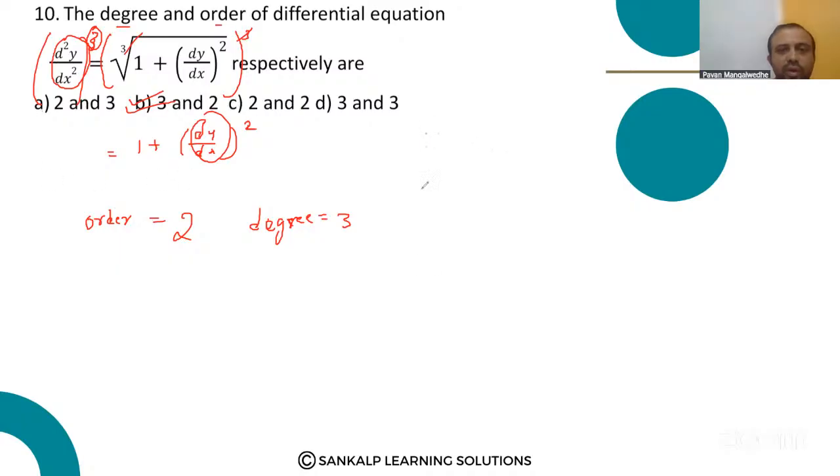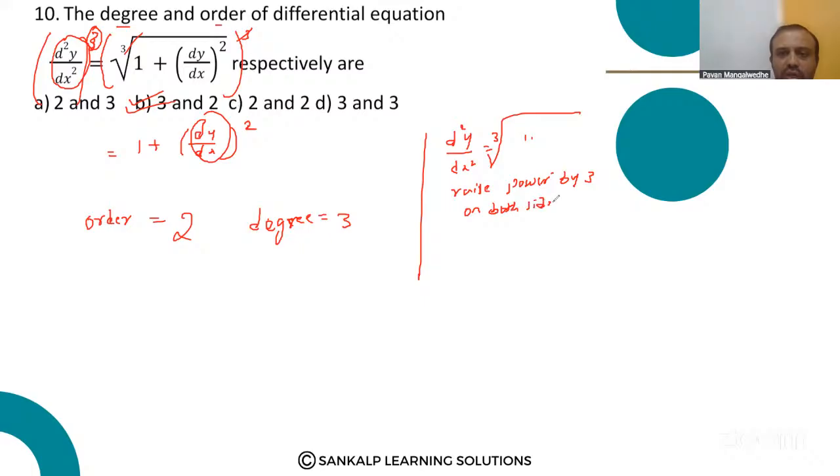Okay. If you want, I will write and show you. If you just note it down this way: d square y by dx square is the cube root of so and so. You know this. Only you have to raise the power by 3 on both sides.